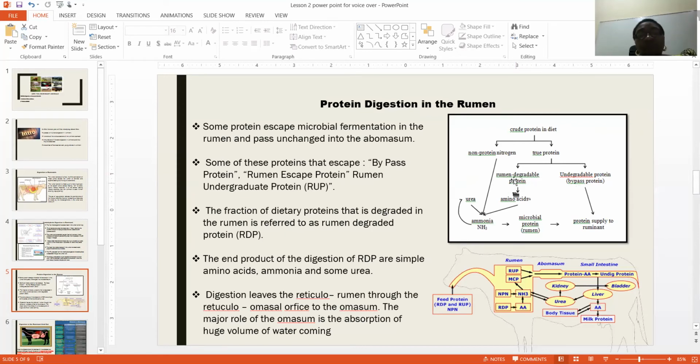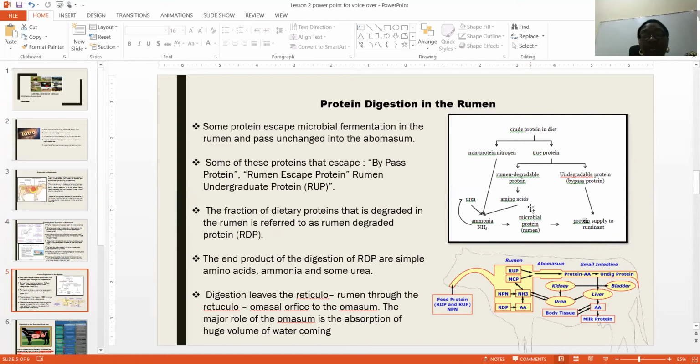So irrespective of the quality of protein that is consumed, if it remains in the rumen, the microorganisms in the rumen will degrade this protein into microbial protein. And microbial protein could be lower than high quality protein. And so when you are feeding high quality protein to ruminants, it is better to present it in the form of undegraded protein so that it is not attacked by the microorganisms in the rumen, but goes directly into the abomasum as rumen undegraded protein.